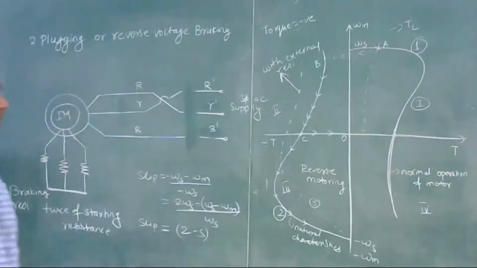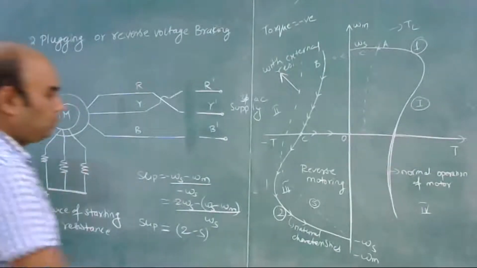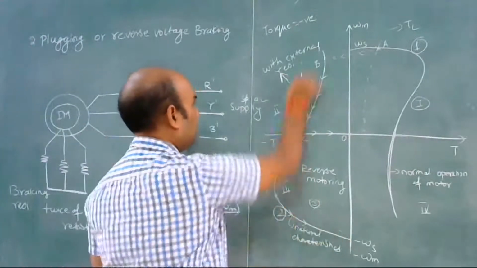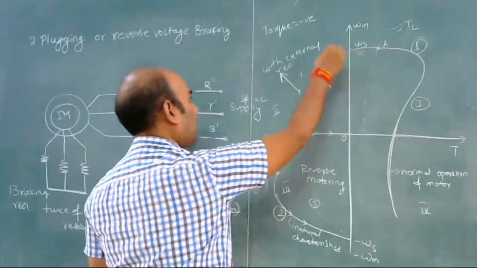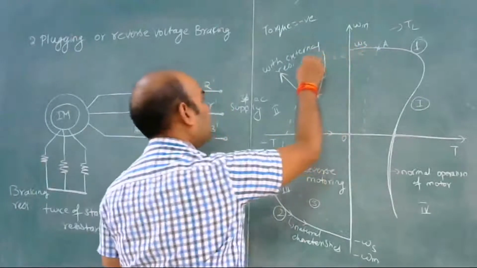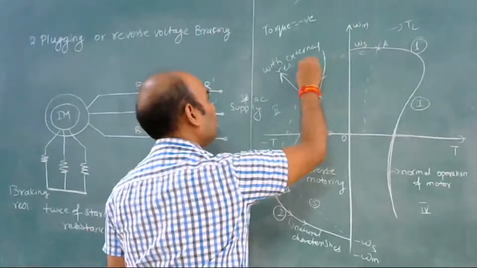If we connect the rotor resistance, the characteristics are shown in dotted line. Now the operating point will shift to some new point.